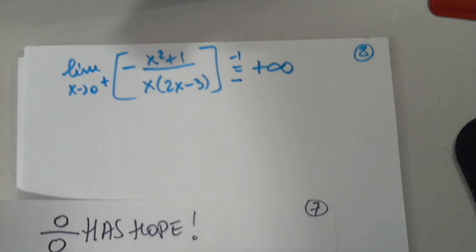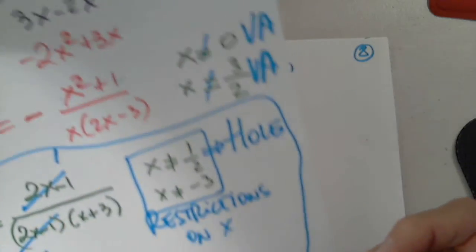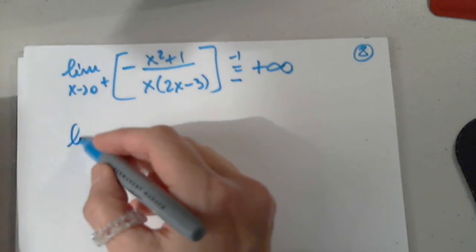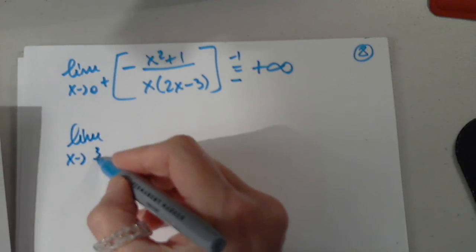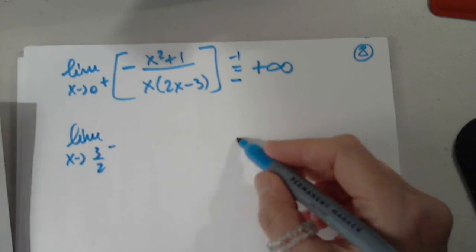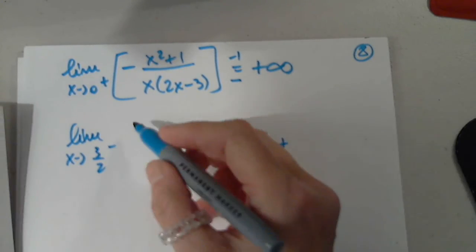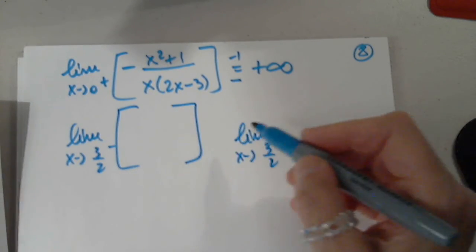In the same way, we will determine the limits for 3/2. So limit as x approaches 3/2 from the left, and then limit as x approaches 3/2 from the right. Of the whole thing, the same thing.